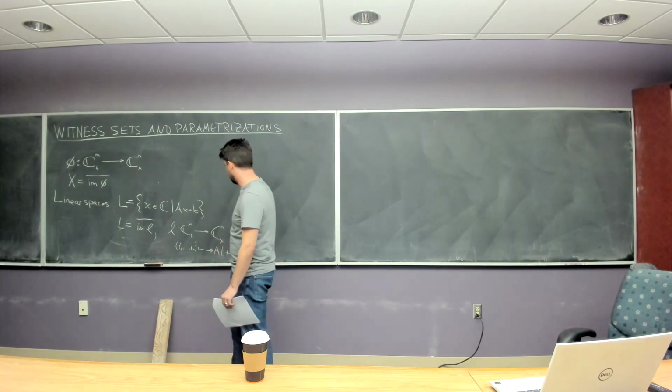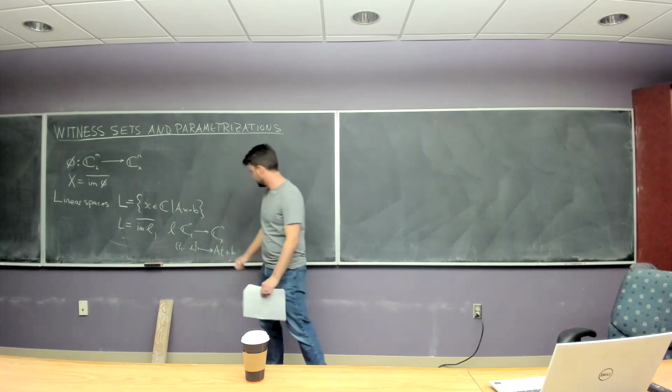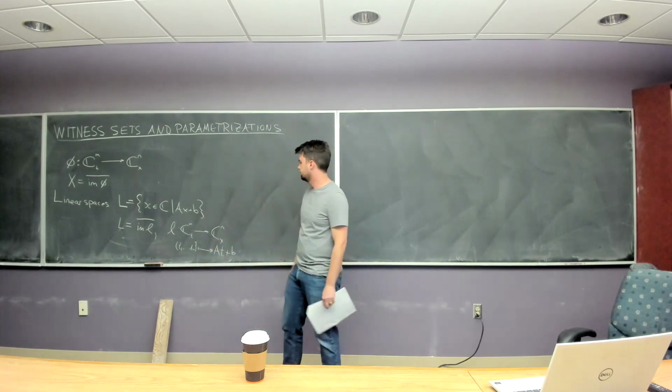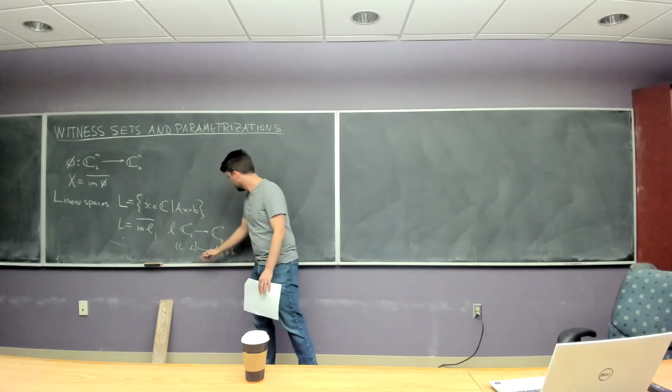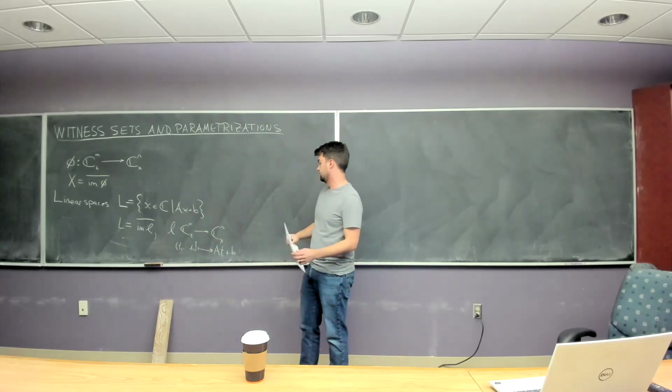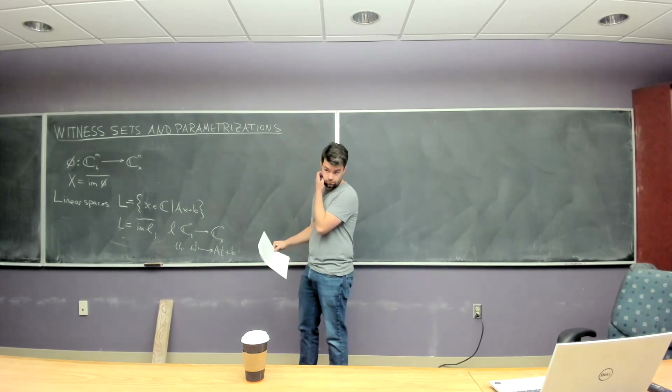And here it looks like the column space translated by b. Sorry, this is not translated, but it does look like a shift of the null space of A. This is the column space of A translated by b.